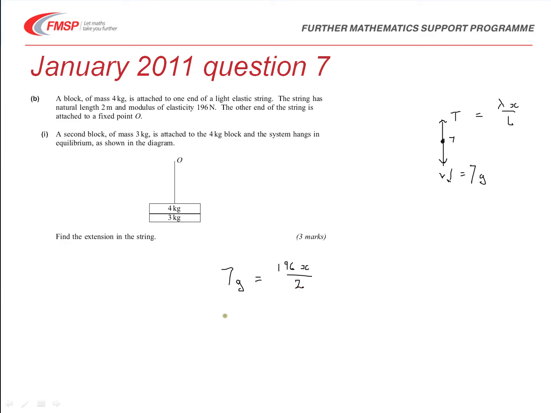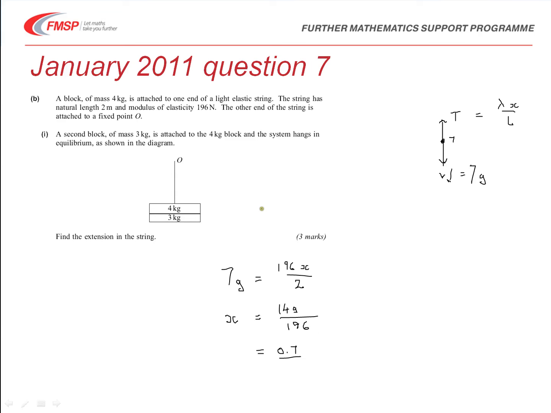And so rearranging that gives us the extension being equal to 14g over 196. And if we calculate that, we will end up with an answer of 0.7.